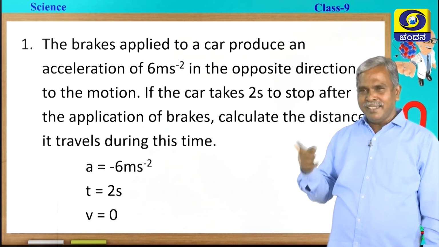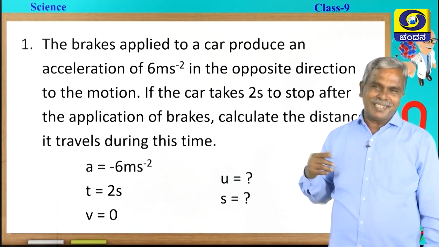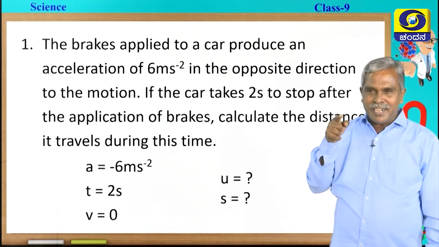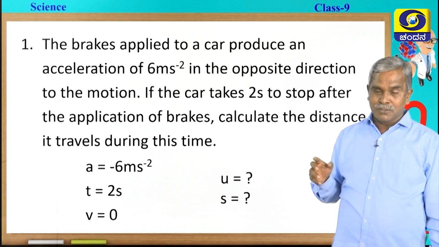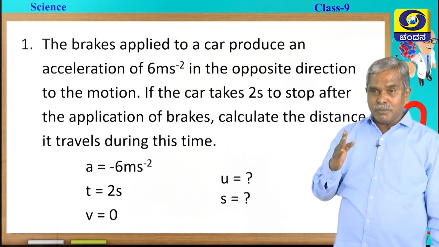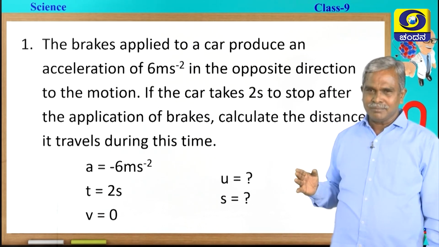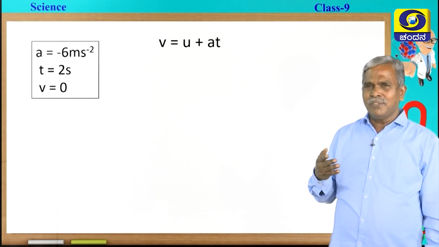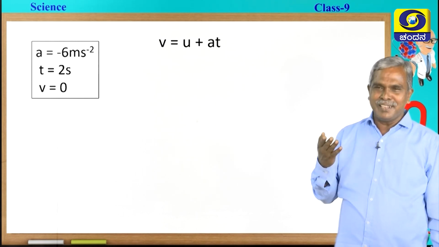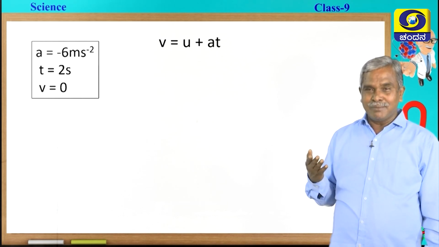a is there, t is there, v is there. What can you find now immediately? You may find u immediately. Then after finding u, you should find out the distance s. So, what should be found first and what should be found next is also an important thing to understand. Now, let us write all this, and to find u by using v, t and a, naturally there is a unique equation, v is equal to u plus at. We have written the equation.